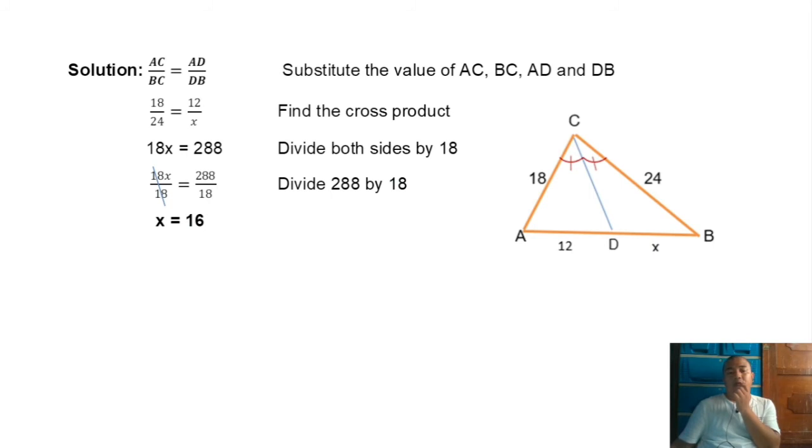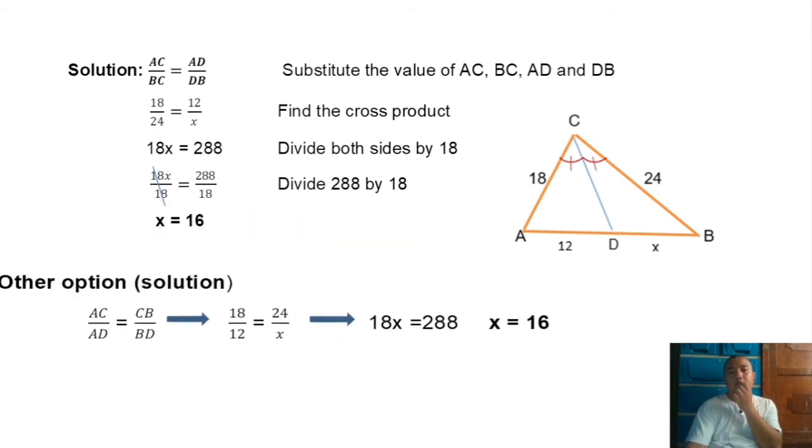And so by cross product, we have 18x equals 12 times 24, 288, divided by 18. X is equal to 16. So we've already solved the value of x, which is 16. Therefore, the length of BD is 16.